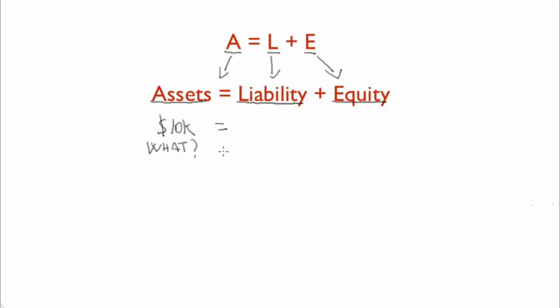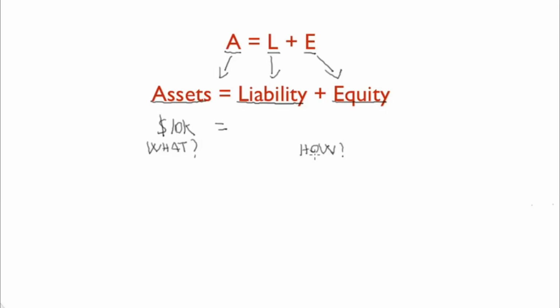If we then want to answer the question how, so how did we get the resources to buy those assets, we have to look at the right side of our equation, to the liability and equity. In other words, we want to know how we're going to be able to acquire this asset. In our specific case, we want to know how and where we're going to find the $10,000 to buy this asset.